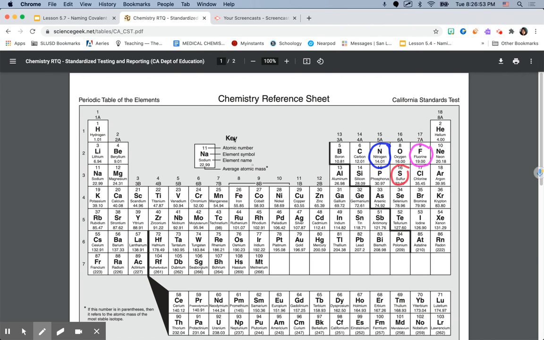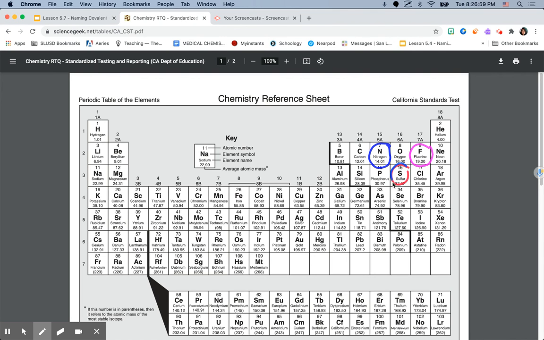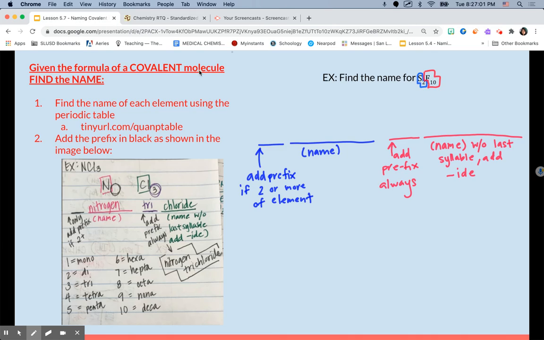Sulfur is my first element. Notice this time I have two sulfurs. Here it says add prefix if two or more of the element. So I have at least two sulfurs, and the prefix is going to be di. So disulfur.